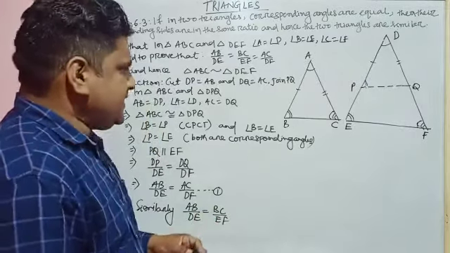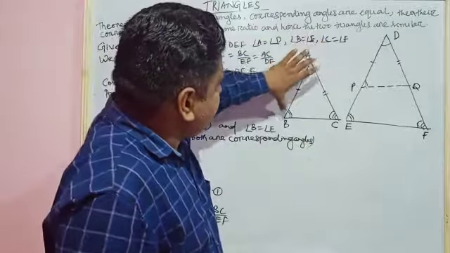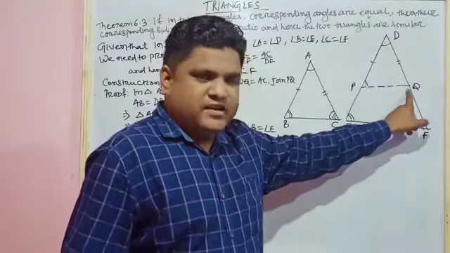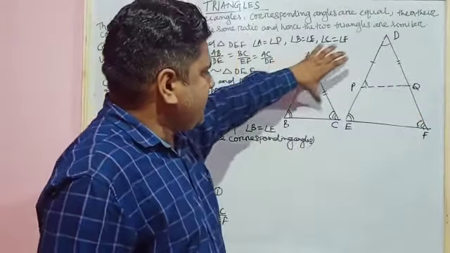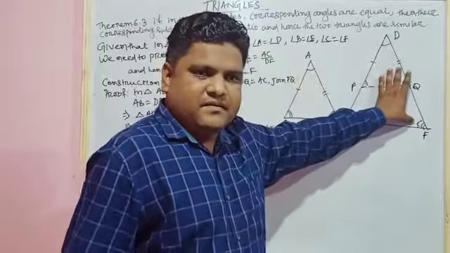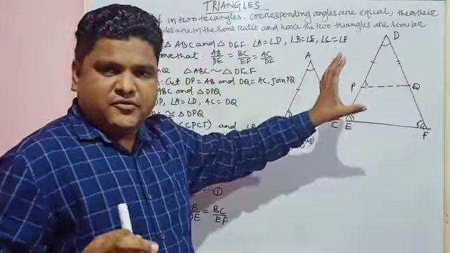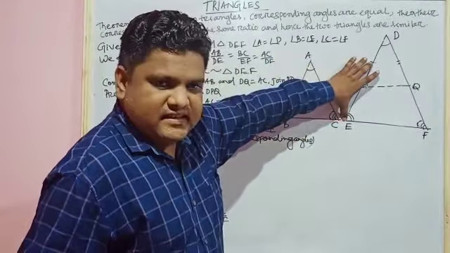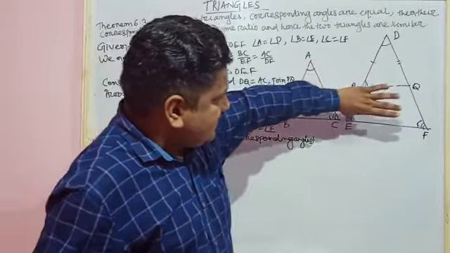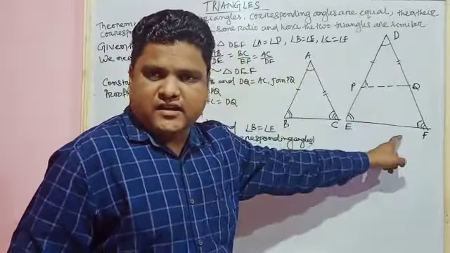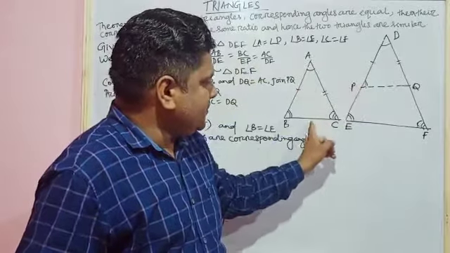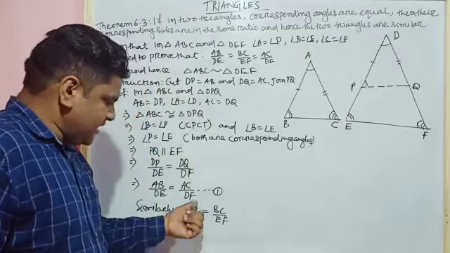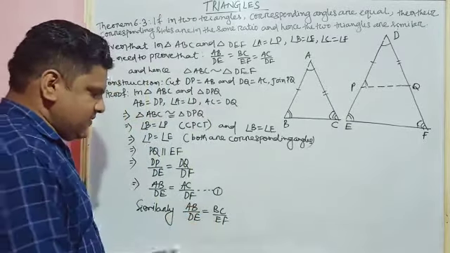Once again, let me explain this. We have taken AB and DP equal, AC and DQ equal, and we join PQ, so we get AB by DE equal to AC by DF. On the other hand, if we have drawn another line such that BA and EX are equal and BC and EY are equal, and we have joined XY, then we can get AB by DE equal to BC by EF in the same process. Let it be equation 2.